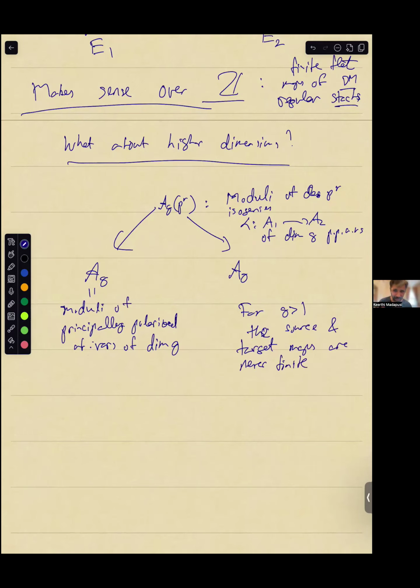When you restrict to what's called the ordinary locus, you do get something finite. But when you go over something like the supersingular locus, then you tend to get large families of isogenies that are higher dimensional families.